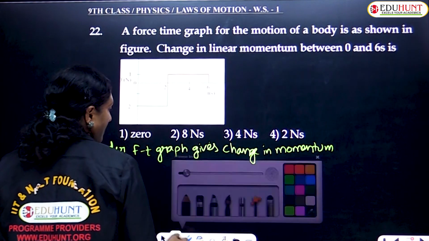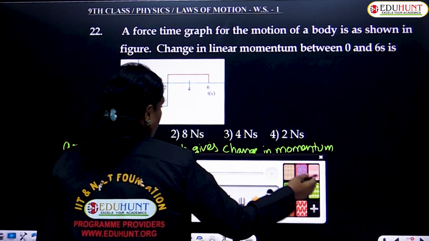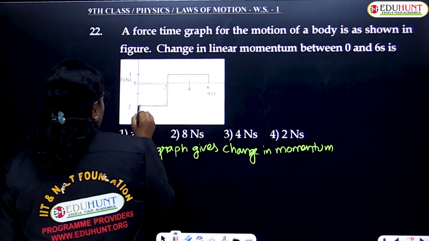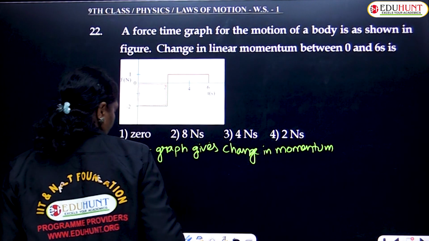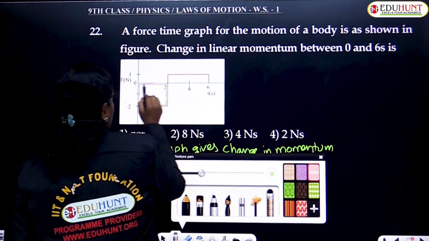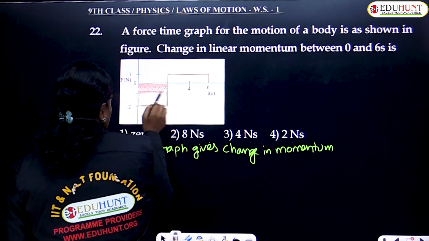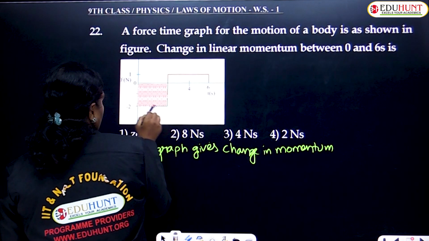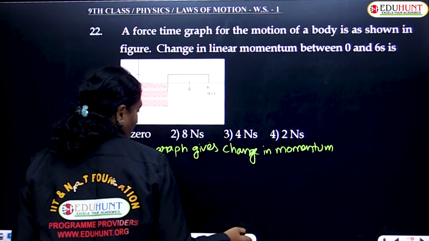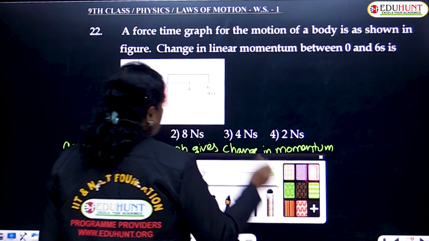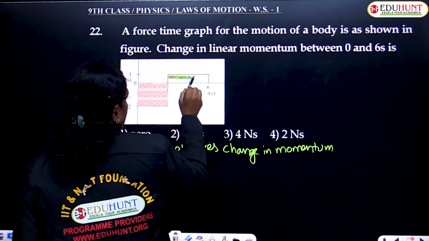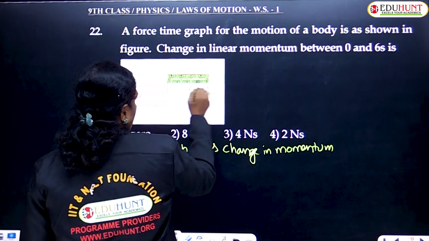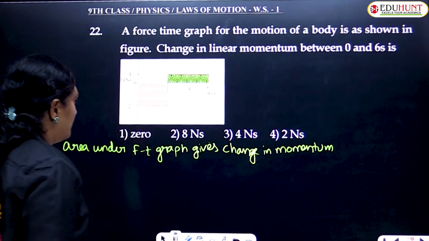If you observe carefully, this is a rectangular portion, and its area is base into height, length into breadth. And if you observe this area again, yes, this is also a rectangular portion.